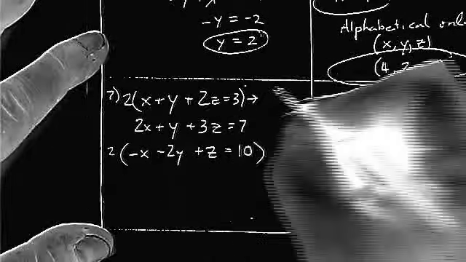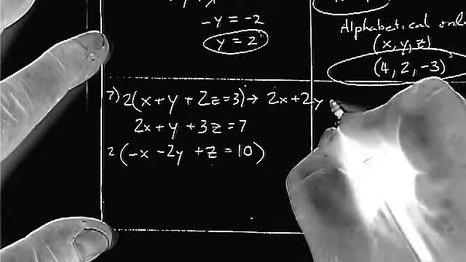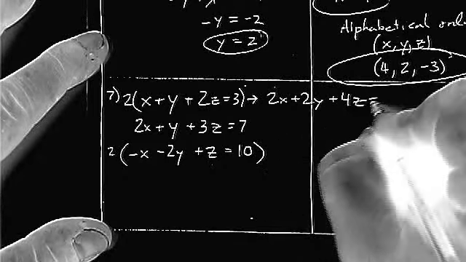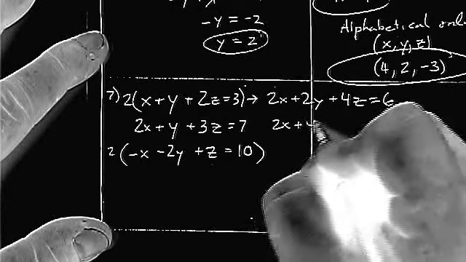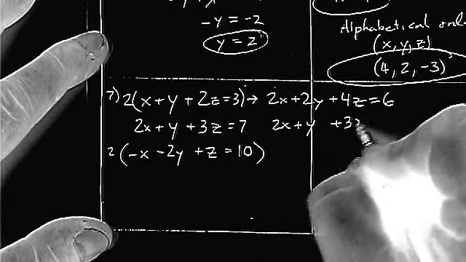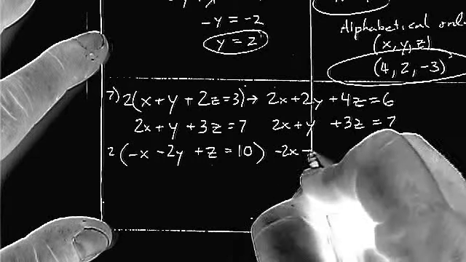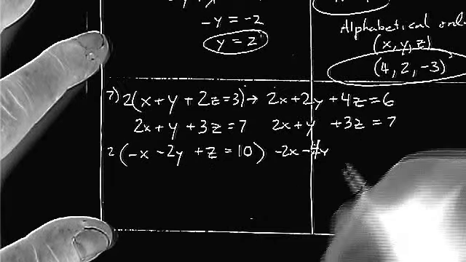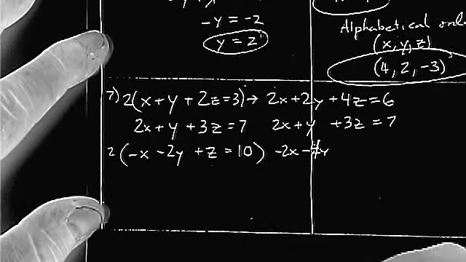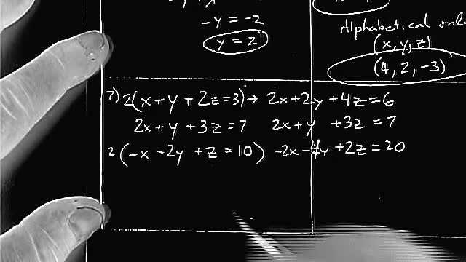And so that's going to give me 2x plus 2y plus 4z equals 6. The middle equation I'm going to leave alone. And in the bottom equation, negative 2x minus 4y plus 2z equals 20.